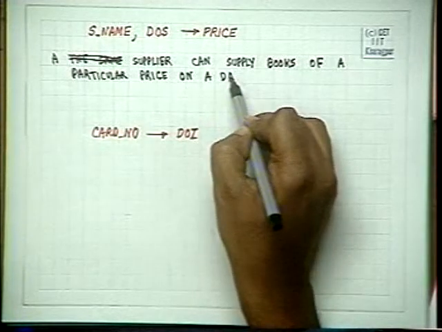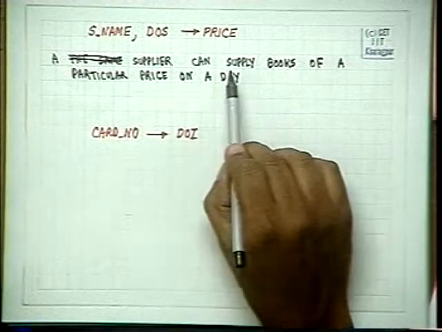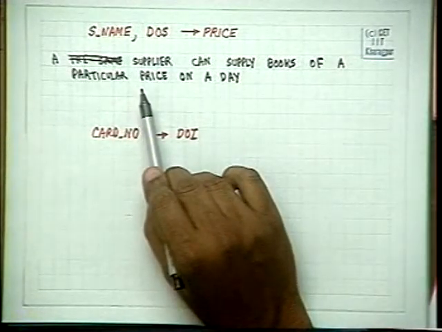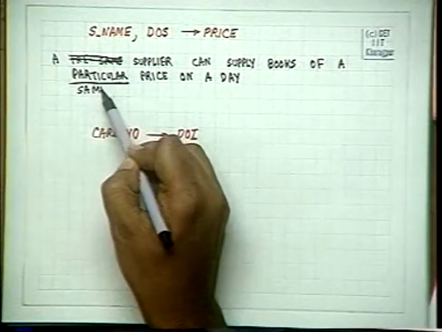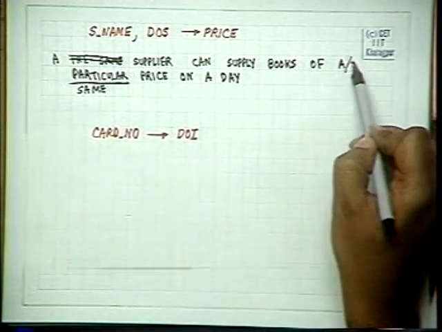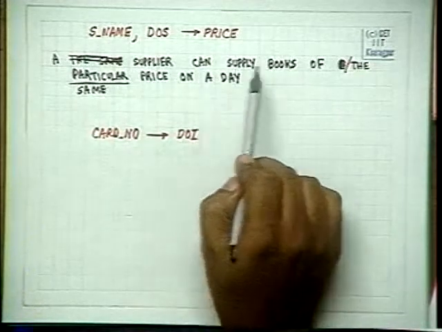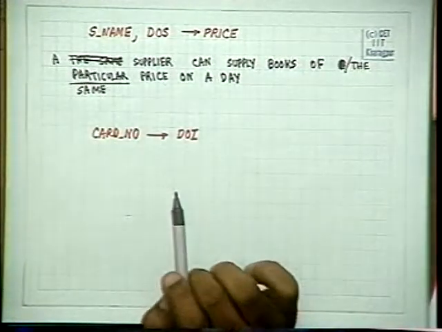That is what it means. In a particular day, a supplier can supply any number of books, but they must be of the same price. Of a particular here means same price. It can be read better this way: a supplier can supply books of the same price on a day. That is the constraint.